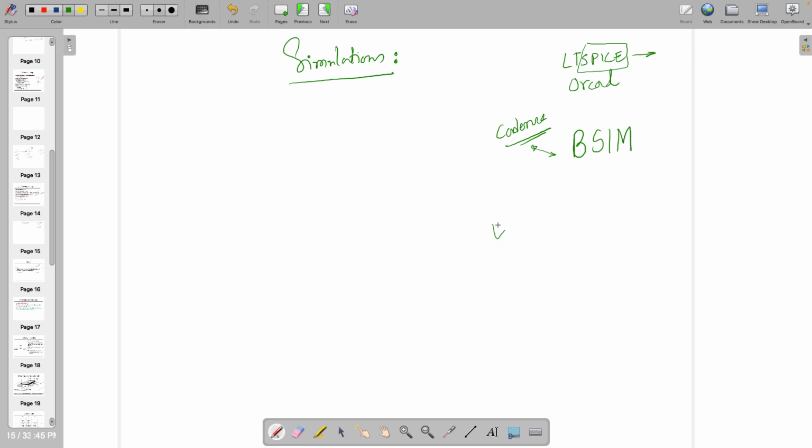Whereas Eldo is by Mentor Graphics. These models are called Philips models. So they are designing for them, and these two are the only groups who are working for these two companies.